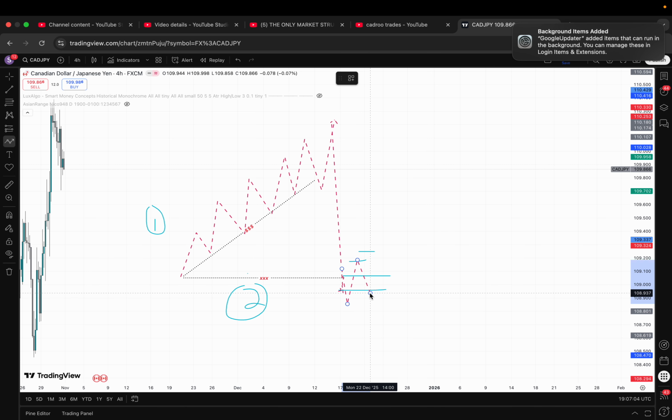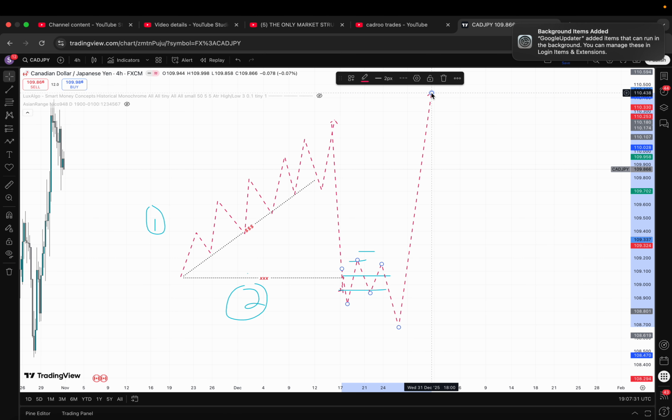Smart money traders will be loading up for a buy in this zone here because they believe that liquidity has been generated and liquidity has been taken out. Now the real move can happen and they have confirmation. Usually what happens is price will come, give a little bit of profit, take out the smart money traders, who I think are also retail traders, by the way, and then boom, the real move will happen. This is how it works, guys.